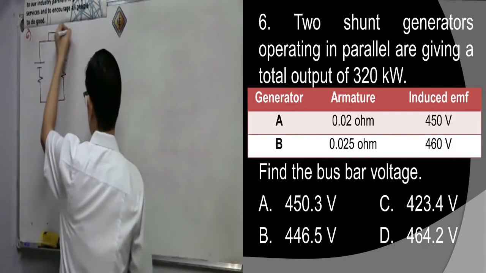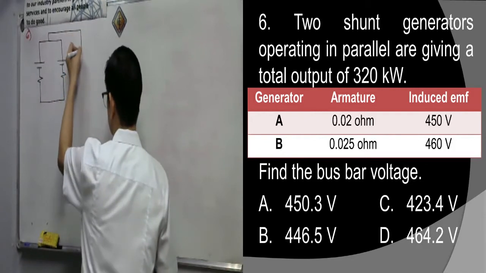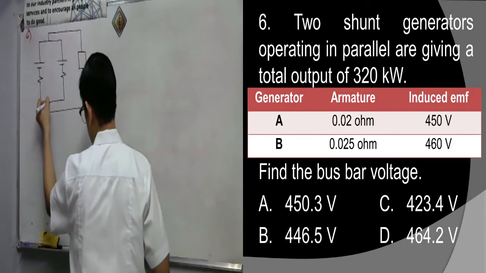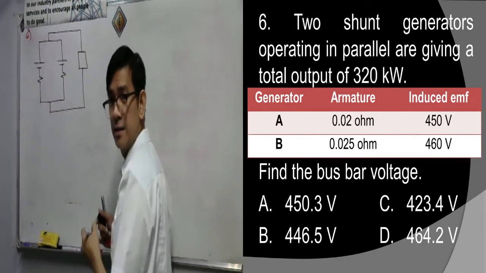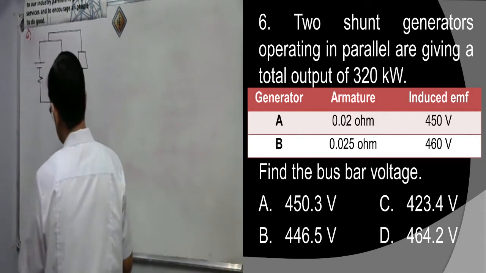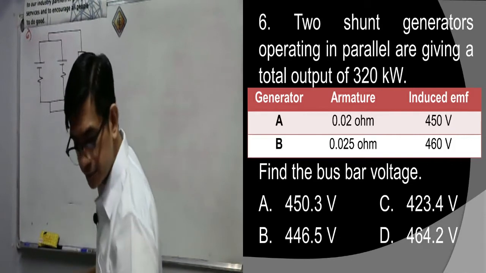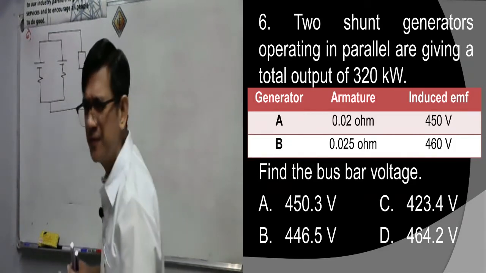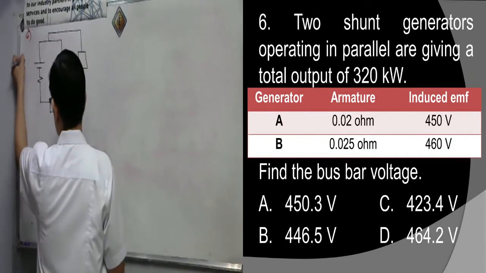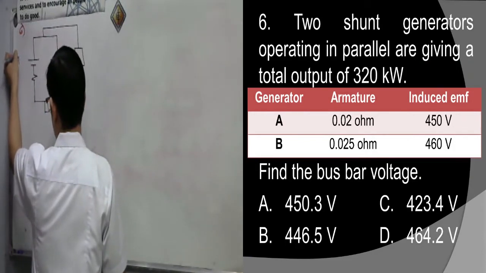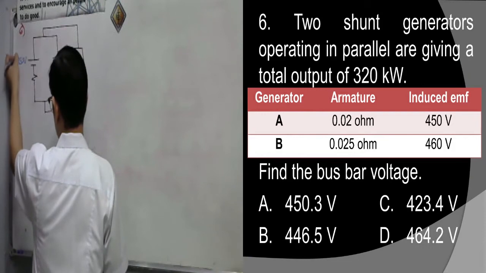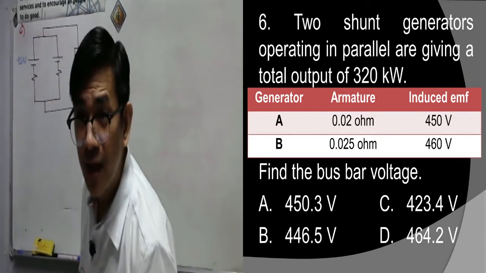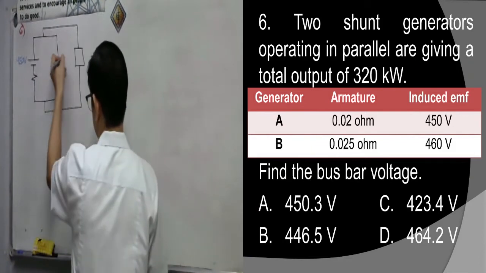We have a given induced EMF of 450 volts. Then we have another one, 460 volts.